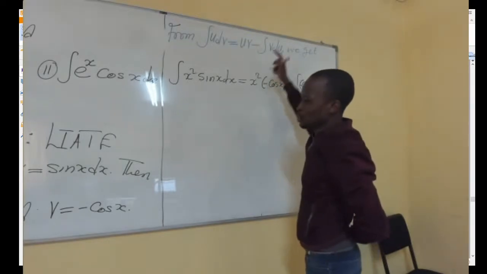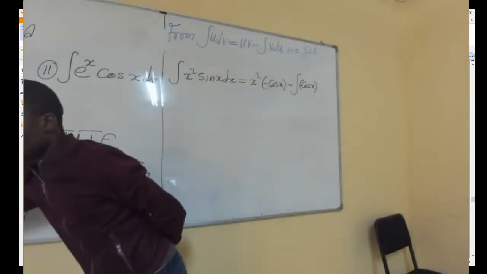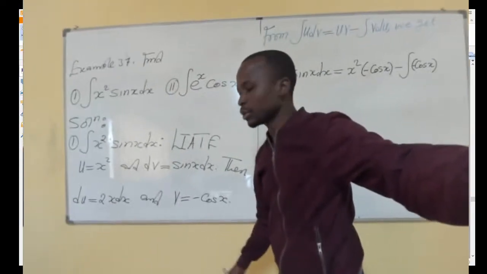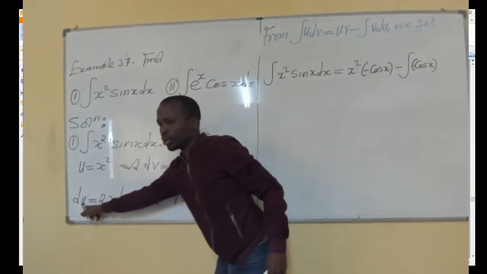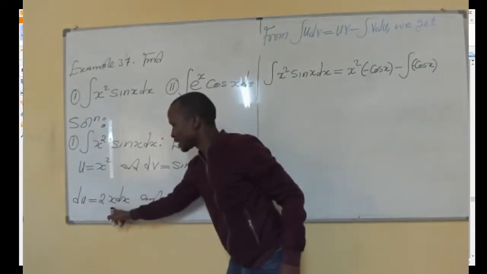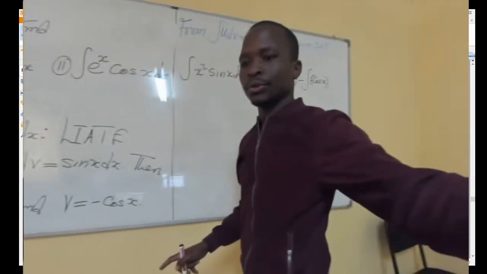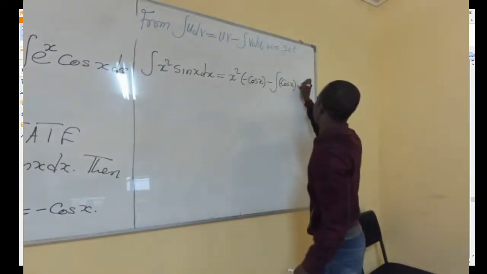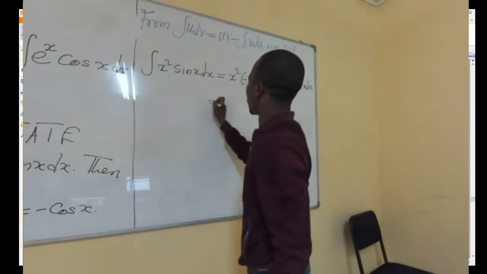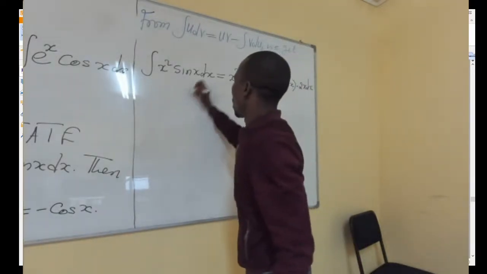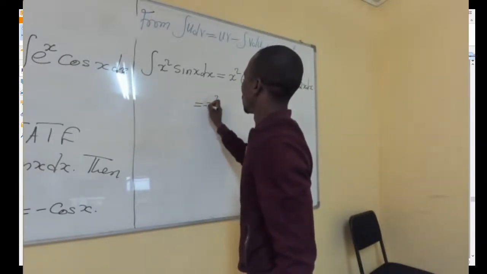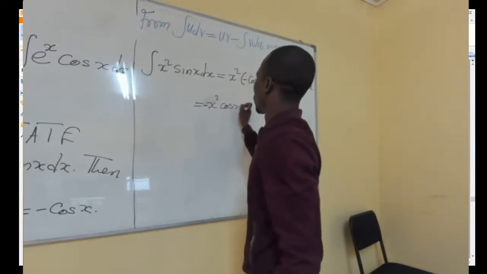times du, which is equal to 2x dx. When we simplify this, we are going to have the negative of x squared times the cosine of x.